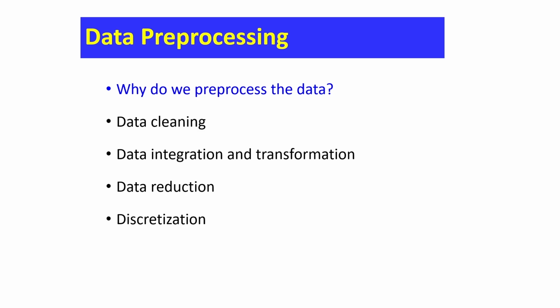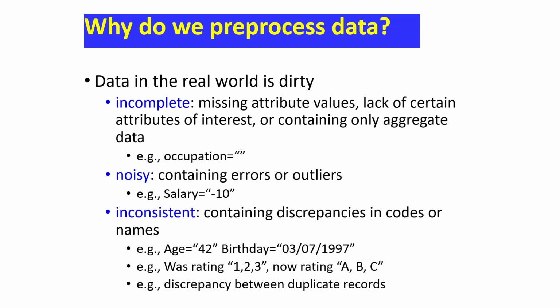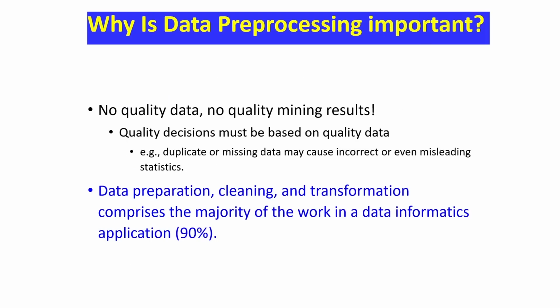So, that is why you need to preprocess the data. The main problem is the quality of data. Most of the data in the real world are very dirty, mostly in terms of incompleteness; they are noisy, even inconsistent. So, you need to take care of that. The most common aspect is missing attribute values. Okay. You may have some things missing, somebody has not put it together, there are many reasons for it.